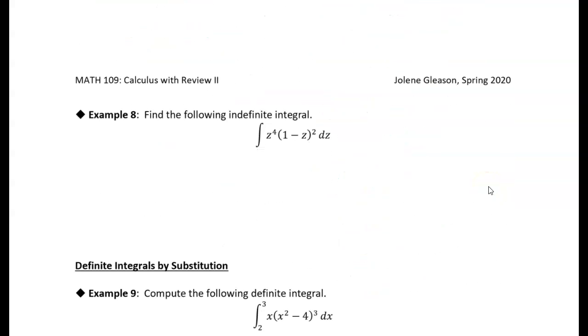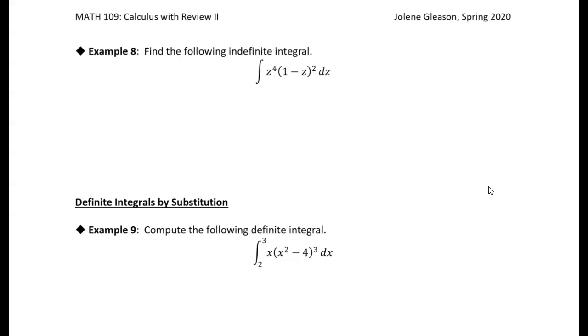So one more example I'd like to go over, and this one is sort of an exception, so I want to go over this one with you. Now, what I'm seeing is 1 minus z, and that whole thing squared. So it seems like maybe 1 minus z is an inside function to the x squared function.